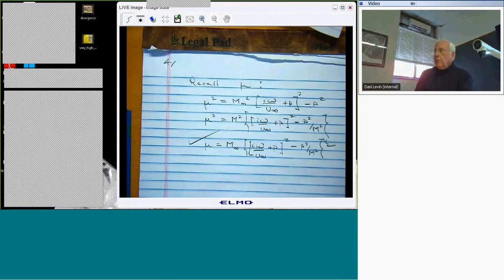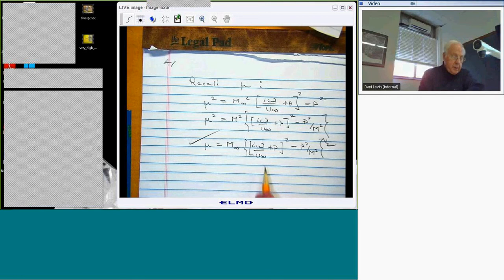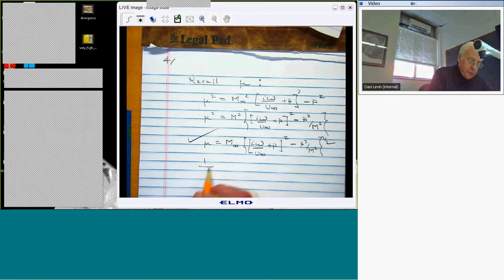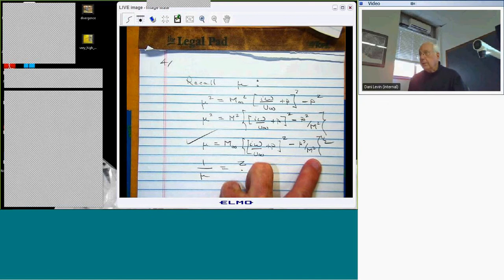So here's the idea. I can simplify mu and therefore simplify the inversion. Of course, I really want 1 over mu, right? Which you can rarely write down. I want to expand this factor in terms of inverse Mach number squared. I'm going to assume that Mach number is high, and therefore 1 over Mach number squared is small.